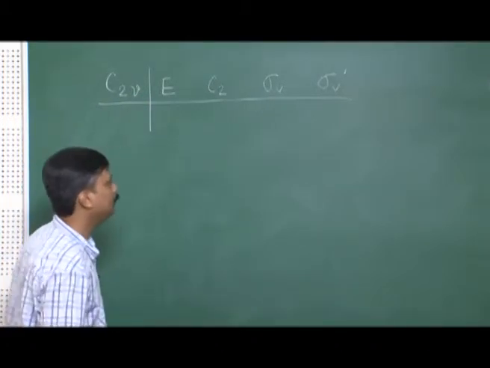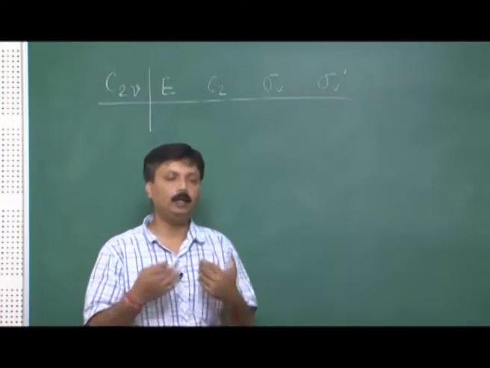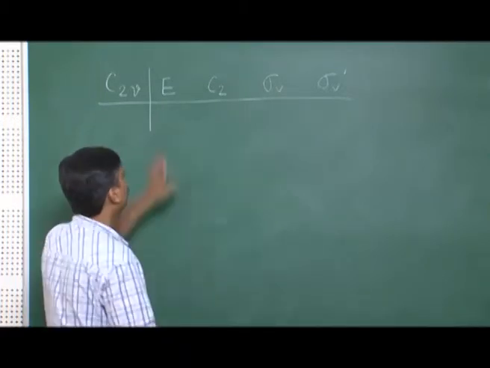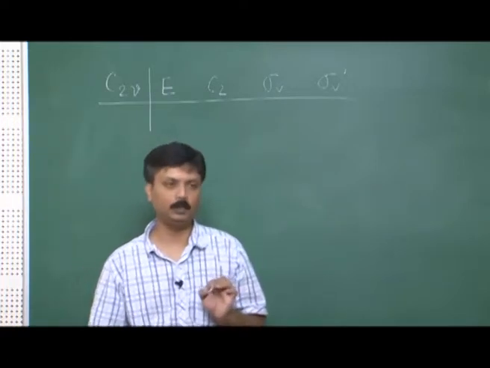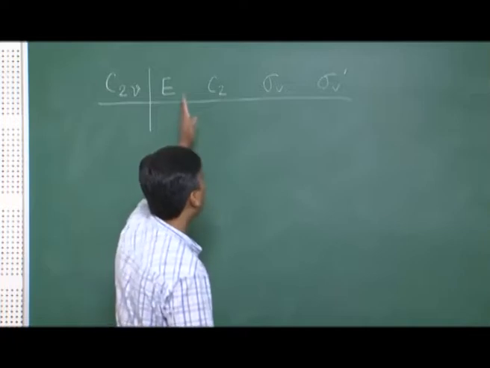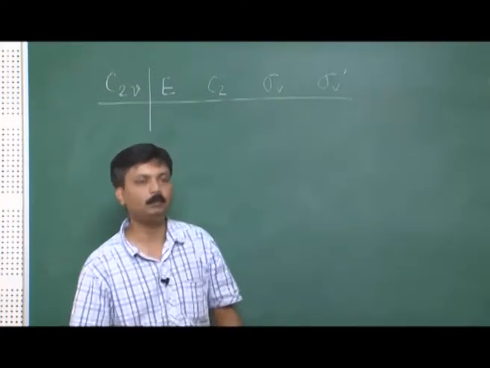So, what is our first rule? The first rule says that the sum over li square is equal to the order of the group. Here I have 4 symmetry operations, and all of them form a class by themselves, which we have seen quite some time back.